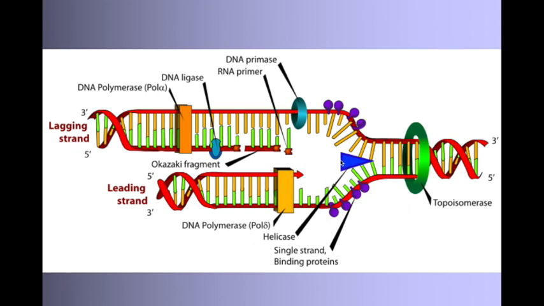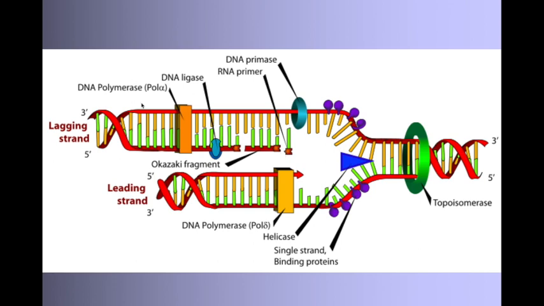Again, topoisomerase, helicase coming and unzipping, single-stranded binding proteins. On the lagging strand up here at the top this time, we have our RNA primer being laid down by the RNA primase. In this case, it's called the DNA primase, but it's the same thing. Lays down that initial primer.